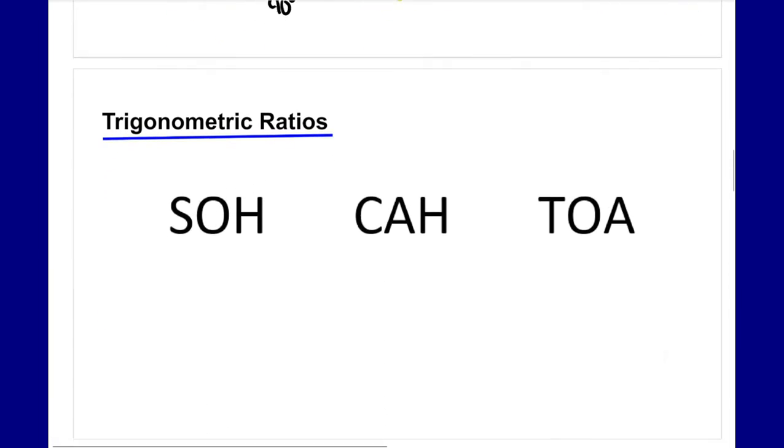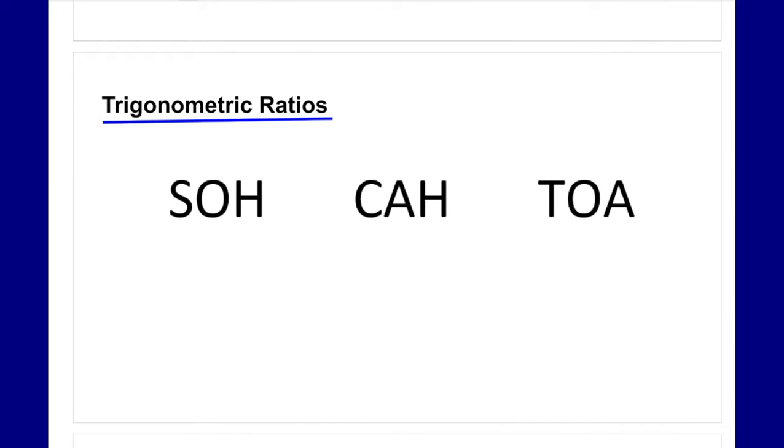And we see that with our trigonometric ratios. You might have heard the term SOHCAHTOA before. This is our acronym. I'm just going to use short forms to make it a little bit neater.